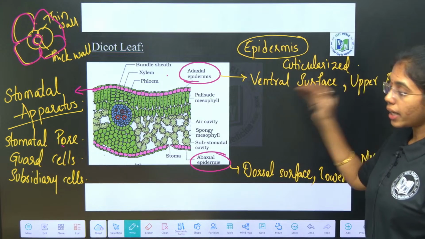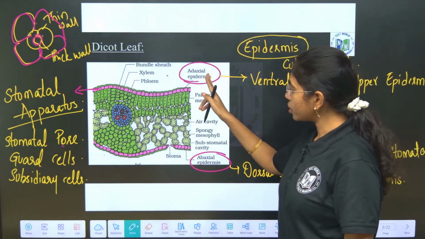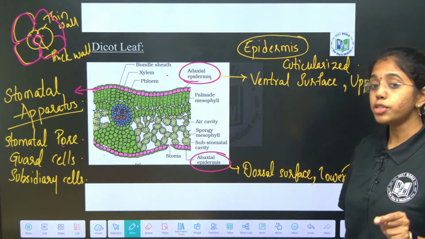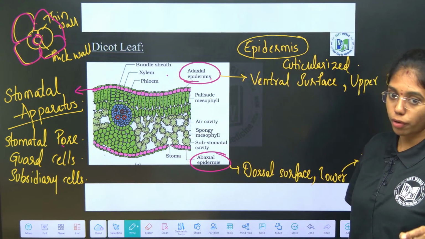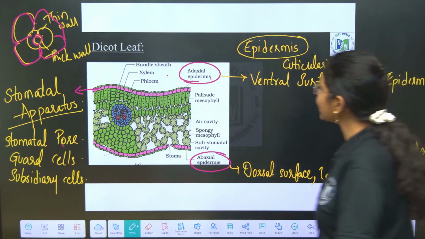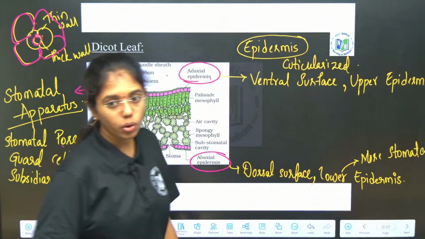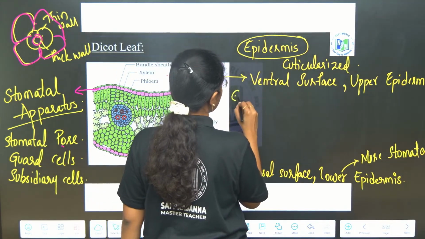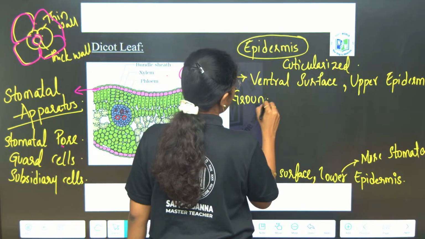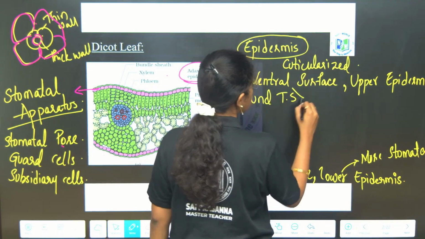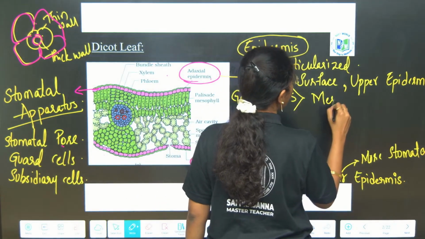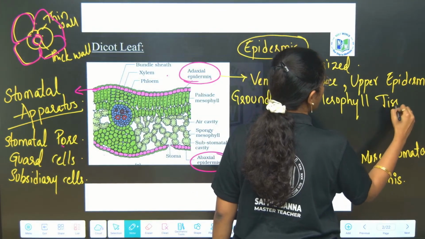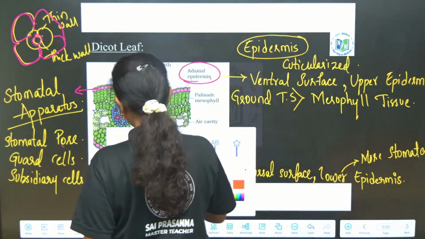No. Next, under the epidermal tissue system you have upper epidermis and lower epidermis. Under the ground tissue system or fundamental tissue system of the leaf, you just have mesophyll cells. The ground tissue system here is the mesophyll tissue system. Mesophyll tissue is of two types here.